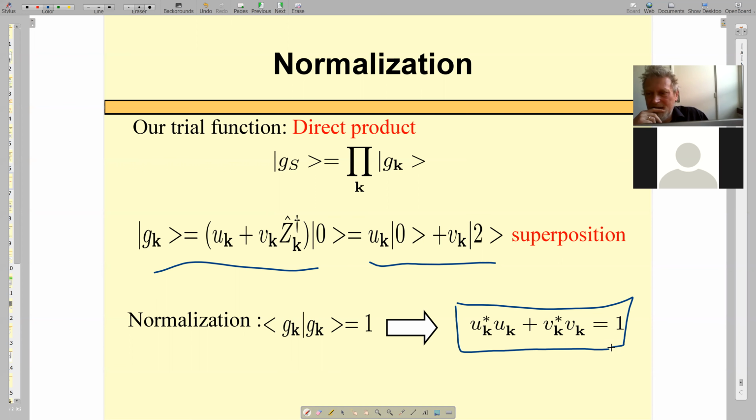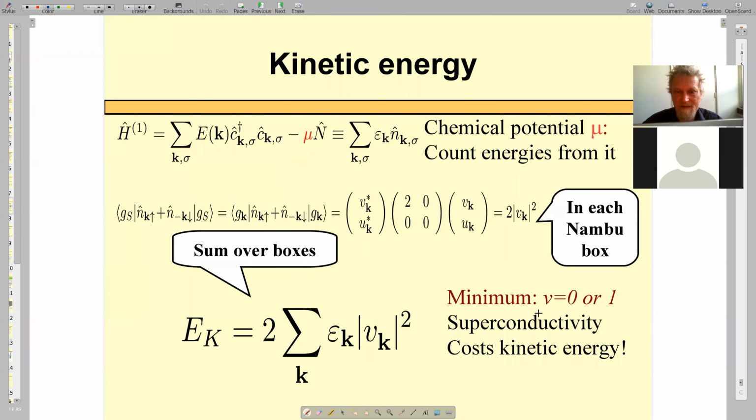Roughly, if they were not complex, I would say that, for instance, v is sine and u is cosine of some angle, and the sum of the squares is 1. Fine, normalization. This is the condition which we have to impose on u and v.